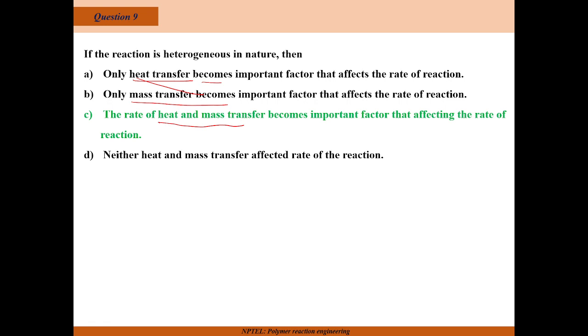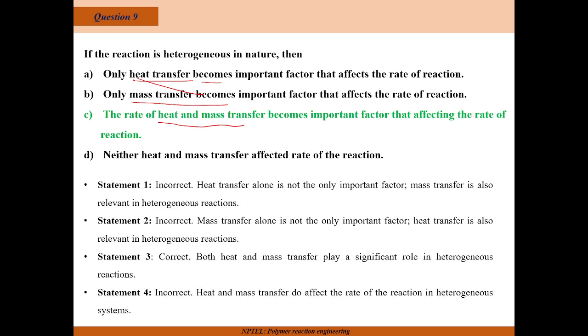Definitely, if a reaction has to happen, there should be an optimum amount of heat transfer and an optimum amount of mass transfer happening with the reactants and the products. Hence, that is the best answer. I think it is a very straightforward question, so let's move on to the next question.